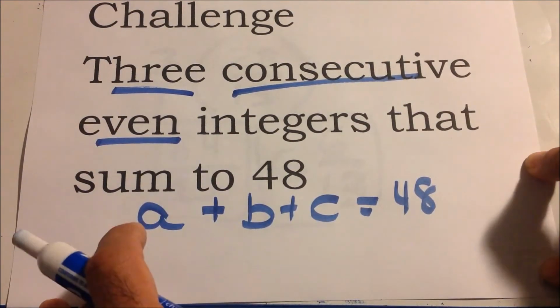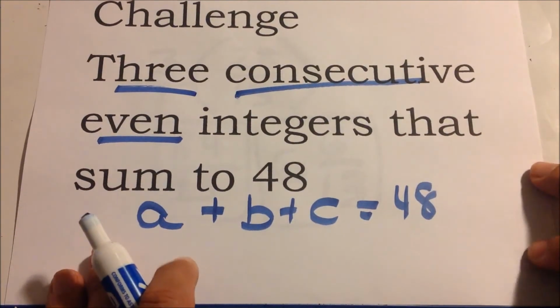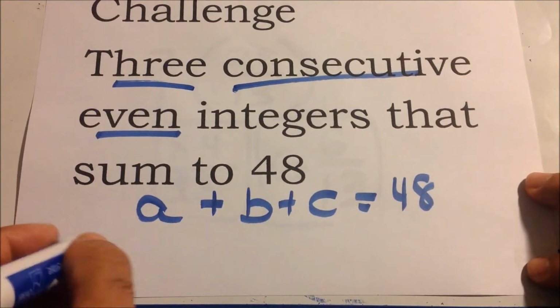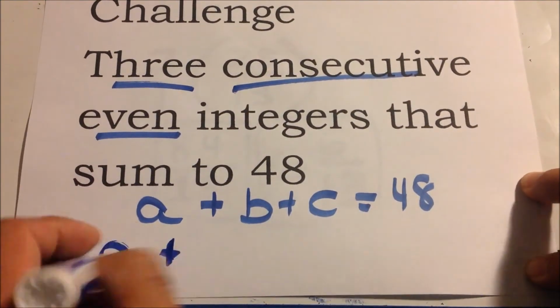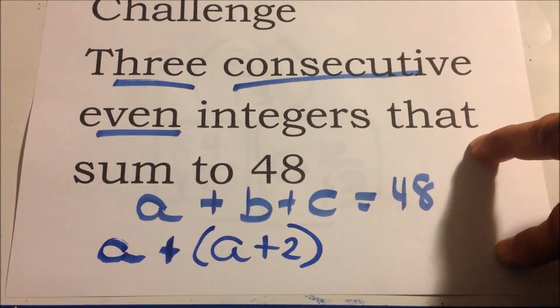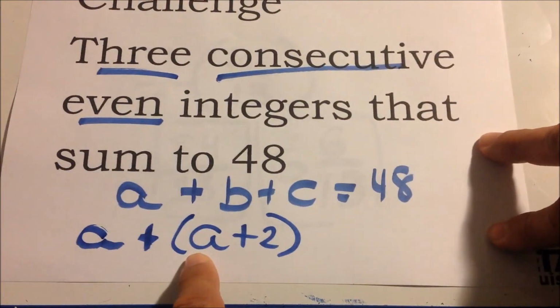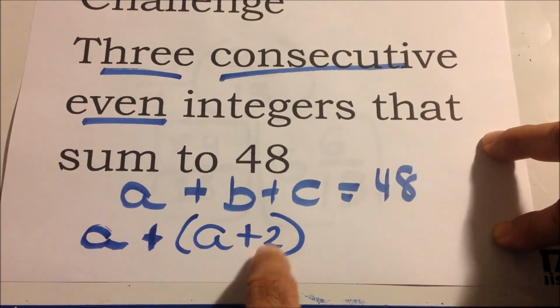So now we can do substitution. And this is very important when we start doing other equations. So instead of saying B, I can say A plus 2, because isn't B A plus 2? Whatever A is, B is 2 more than it. That's why I'm putting it there.